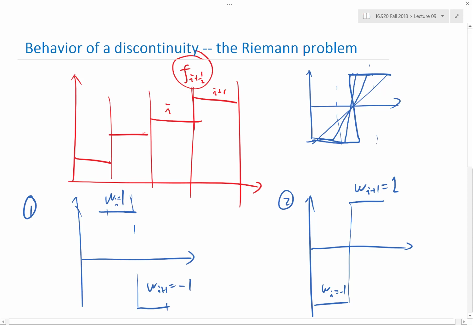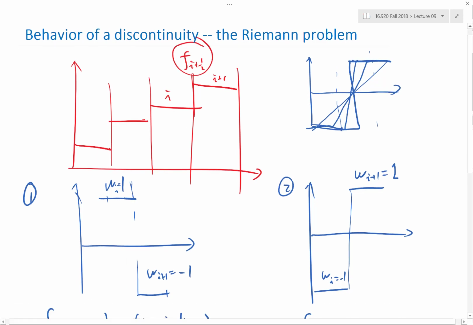So what should the flux be? I know the flux over here initially is going to be half. The flux over here initially also is going to be half, right? So what flux should happen in the middle?